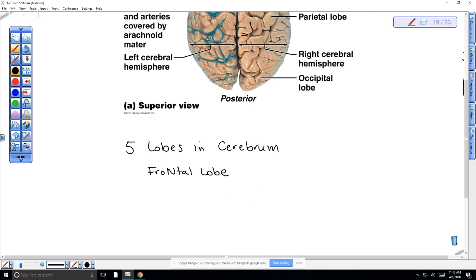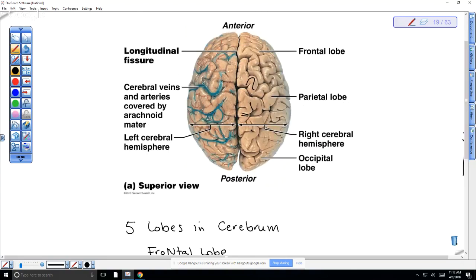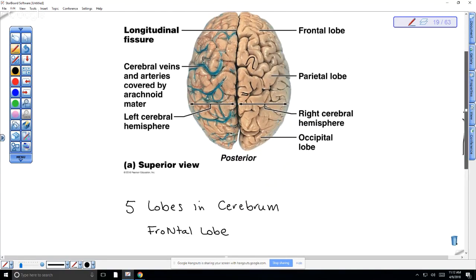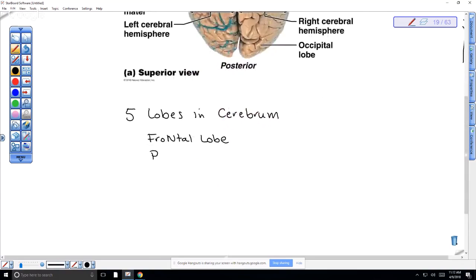There are actually 2 of these, one on each side, the left and the right. Then we have the parietal, and it's the same for all of these, one on each side. That would be near the parietal bone. Then we have the temporal lobe, and then we have the occipital lobe. And those are all the lobes that you can see on the outside.